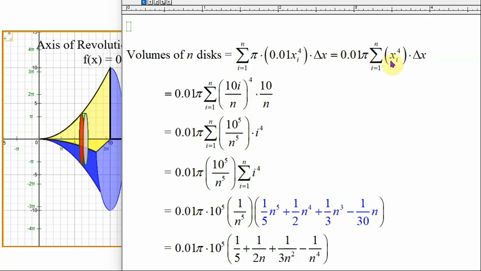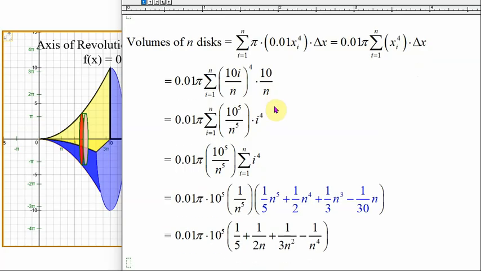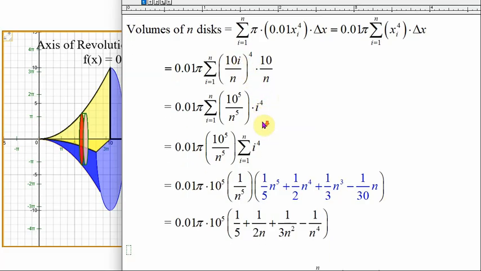And then x sub i, we just saw that it's 10i over n. And then delta x is 10 over n. And so simplify, we get 10 to the 5th over n to the 5th, because this is n to the 4th times n, which is n to the 5th. And then we get i to the 4th.